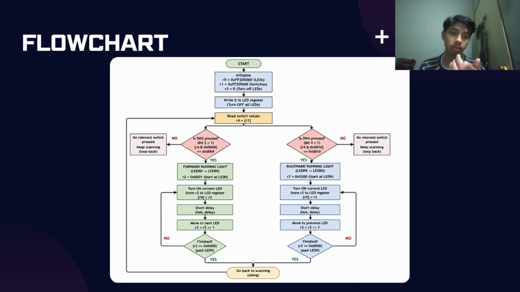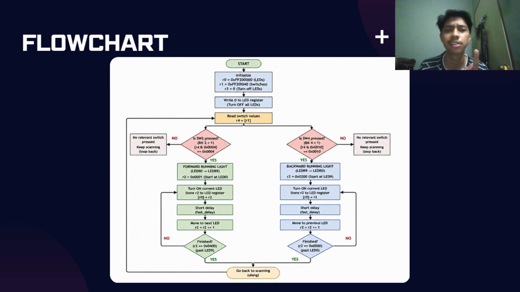So here we put the memory address into register R4, and we set the data value there. And as I said, we got two conditions in this lab. The first condition is SW2 pressed, and the second condition is SW4 pressed.